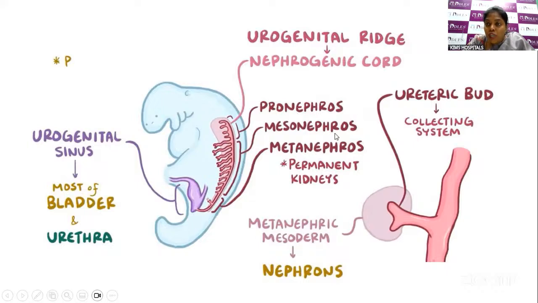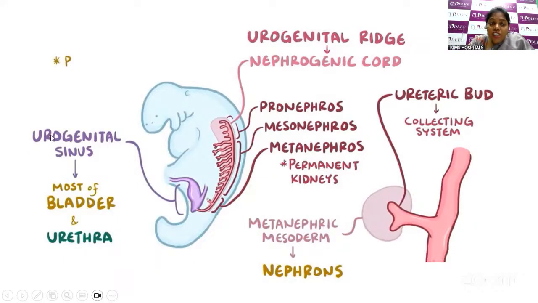The mesonephros produces urine till the metanephros takes over, that is up to 10 weeks of life. And this mesonephric duct is absorbed to form the trigone of the bladder. The mesonephric duct, which drains into the cloaca, forms the trigone of the bladder. From the metanephros forms the mature kidneys.